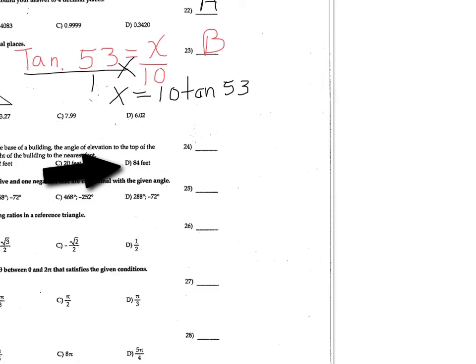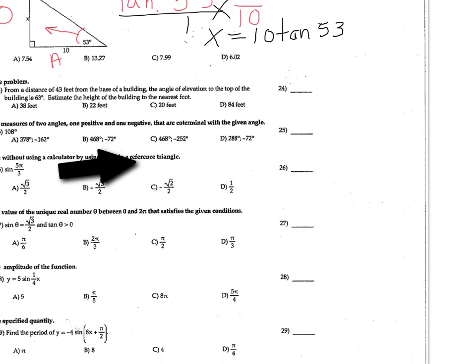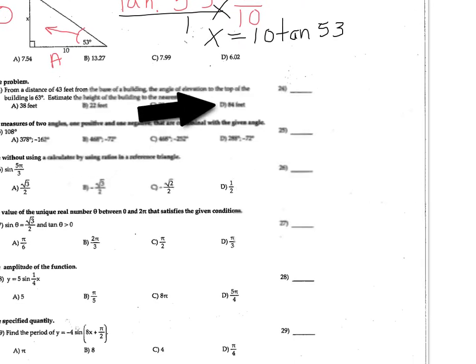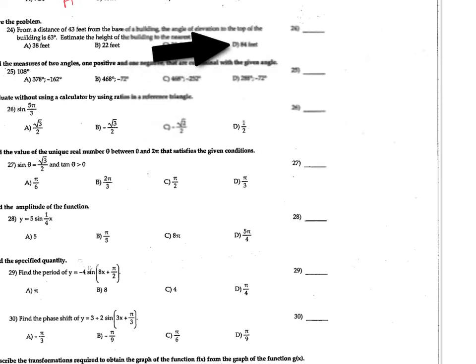Okay, let's see. Why is that supposed to be D? Let's work it out. Let me draw a picture. It's supposed to be B. Let me draw my building. You draw your own building. This is my building. I'm sorry, I don't do any artwork.